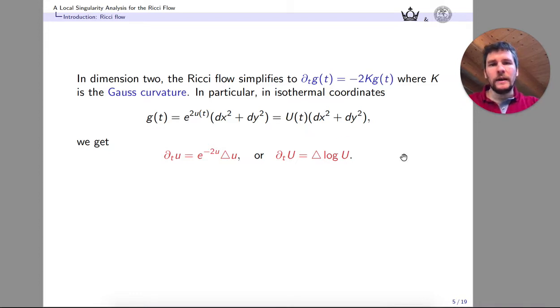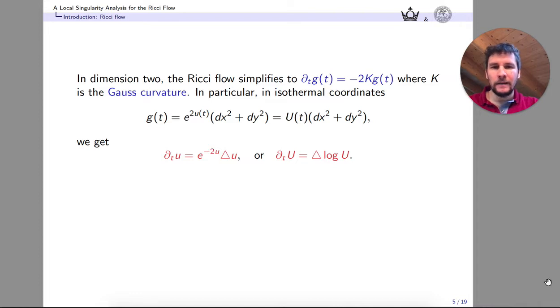And now if the metric evolves, that means just that this conformal factor evolves. Okay, and the Ricci flow equation translates to these equations for either the conformal factor little u or for the capital U. Now in this we actually really see the nonlinearity of the equation.